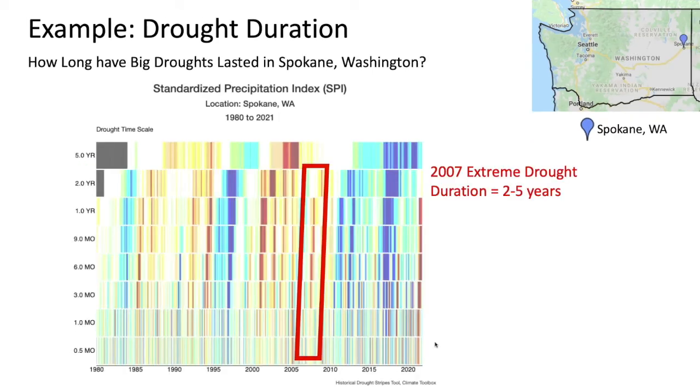As an example of looking at drought duration, we can ask how long big droughts have lasted in Spokane, Washington. We can stack the drought stripes of SPI for Spokane, similarly from 1980 to 2021, with increasing timescales, where for SPI, these timescales represent precipitation totals for the last half month, for the last 1 month, up to the last year.